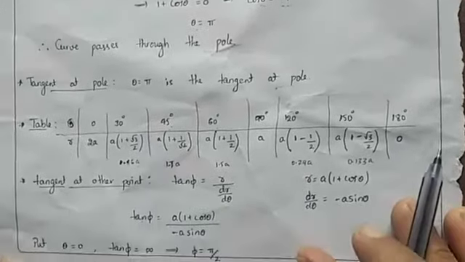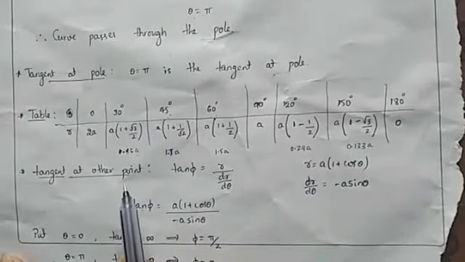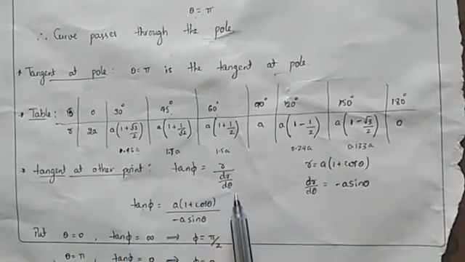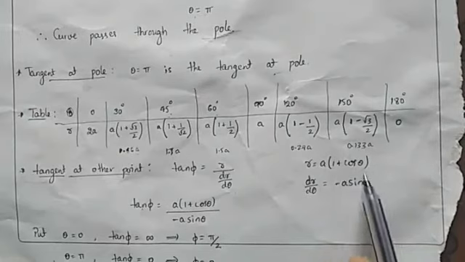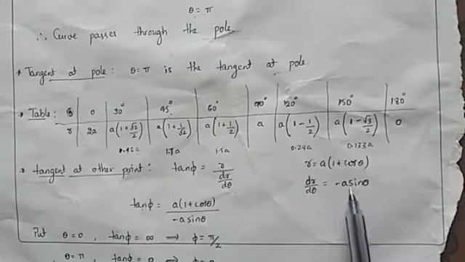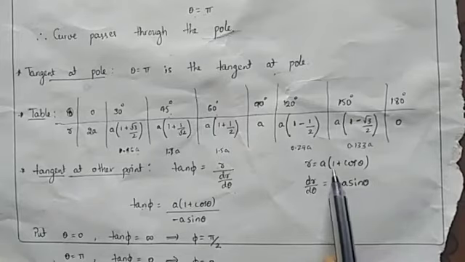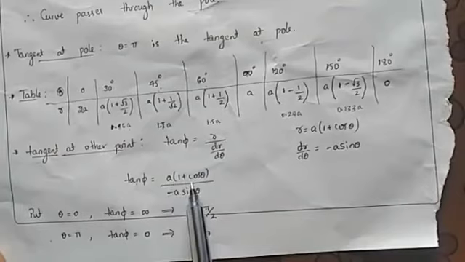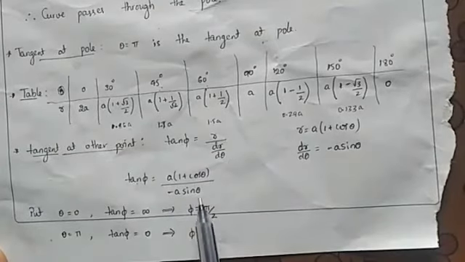Okay. The next one is the tangent at the other points. Tan psi is equal to r by dr by d theta. The r is equal to a into 1 plus cos theta. You differentiate this, you get dr by d theta which is equal to minus a sin theta. Substituting r and dr by d theta, we get a into 1 plus cos theta by minus a sin theta.